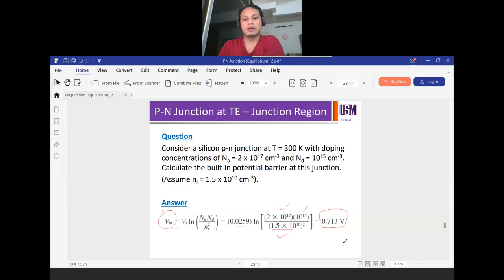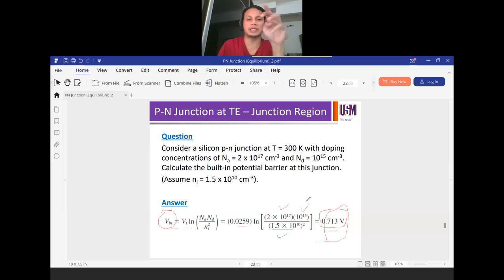So maksudnya, bila you ada thermal equilibrium, you akan ada, due to the presence of depletion region in the middle, you're going to develop potential voltage of 0.713 volt at the junction. So if you want to know the barrier height at the junction, qVBI, so you just times this value with q. You kali dengan electron charge, then you're going to get your barrier height at the junction, right?